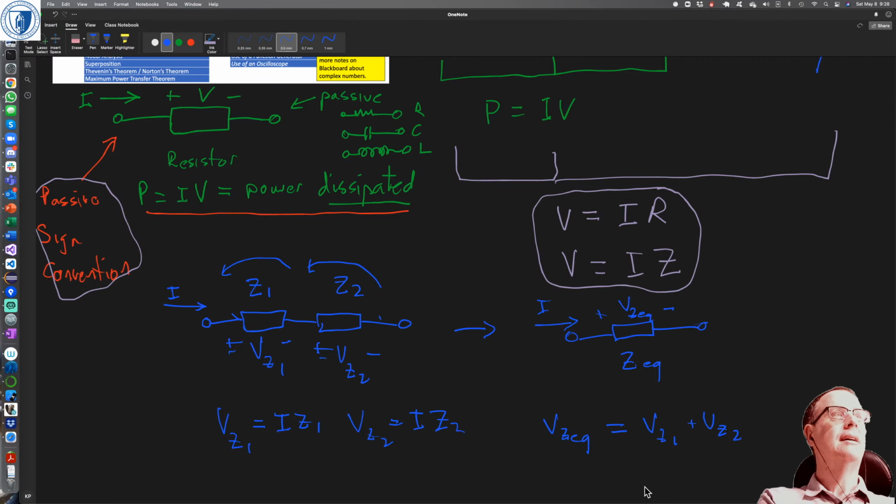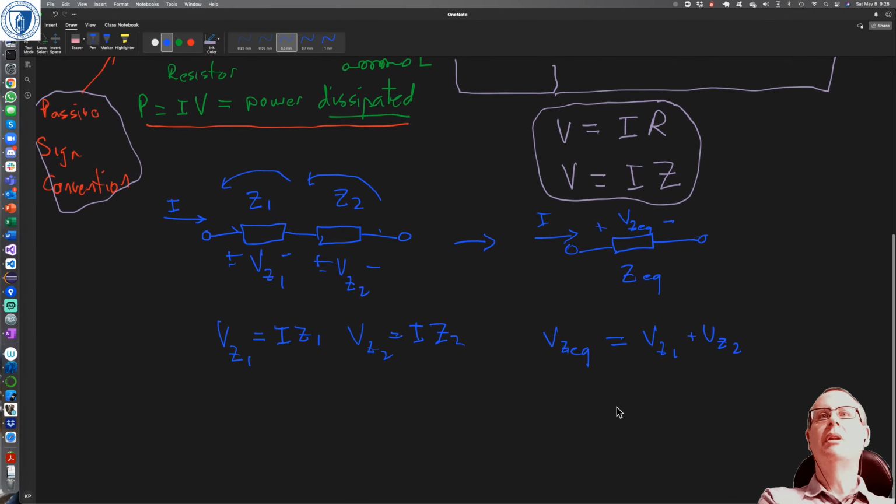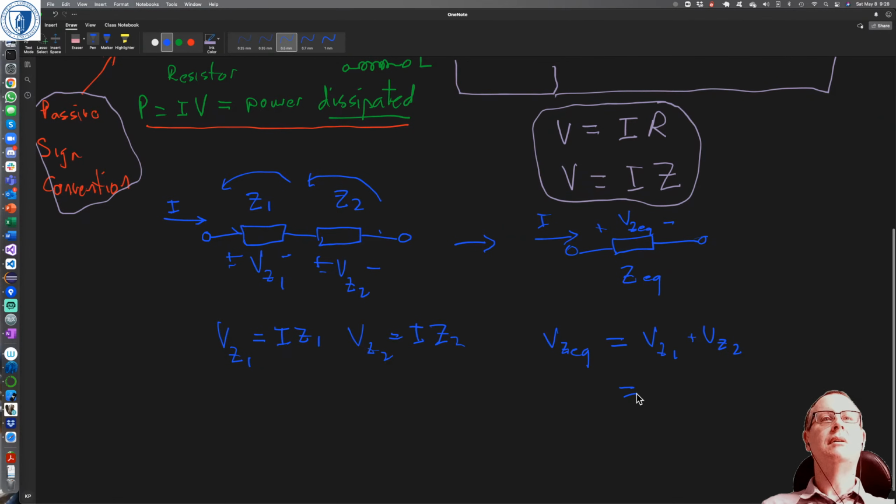So then we get, right, so that VZ equals I Z1 plus I Z2, and I don't know why I keep making that a subscript, I shouldn't be. And so that's going to be I times Z1 plus Z2.